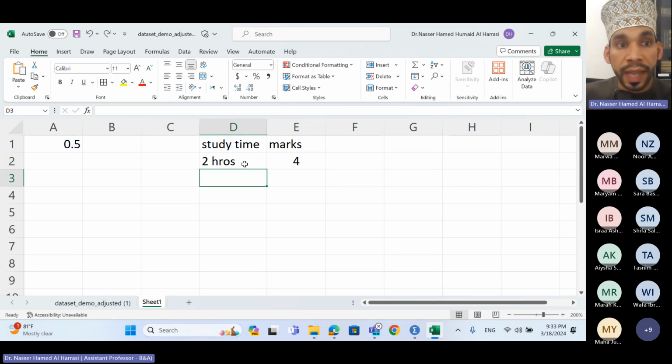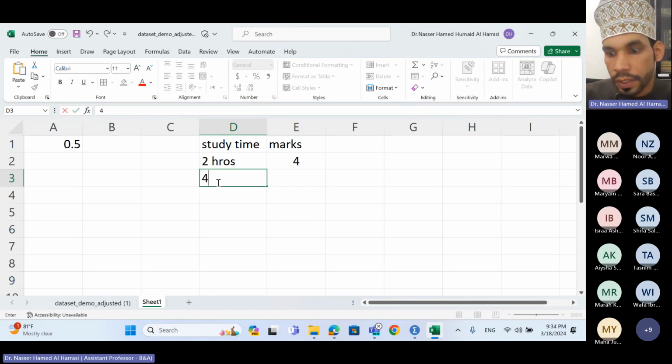Now, for example, say that the effect size of study time on the marks is 0.5. What does that mean? If I increase the study, instead of studying 2 hours, I am going to study 4 hours.